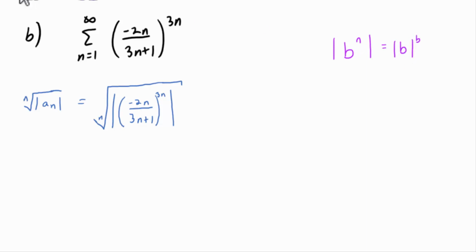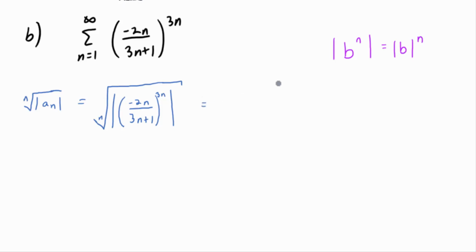Because you're just multiplying b times itself n times, and we know that for multiplication, the absolute value splits up, essentially. So you can use that property all day long to help you out here. Why would we want to use that property?